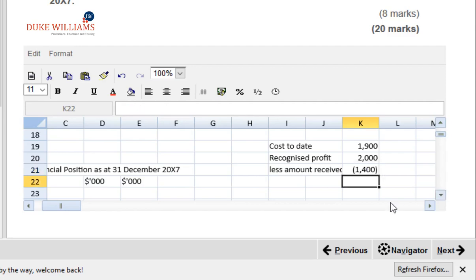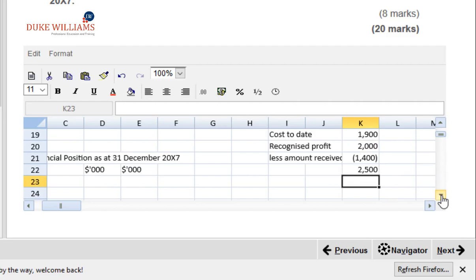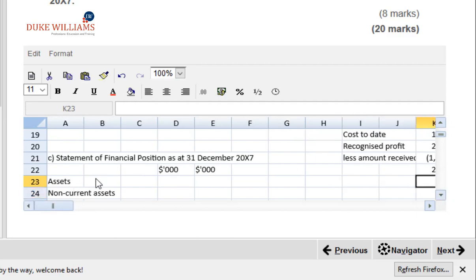Okay, so this should be this plus this plus this. Very simple. So based on what we have, our contract asset is 2,500, and let's go to our financial position.